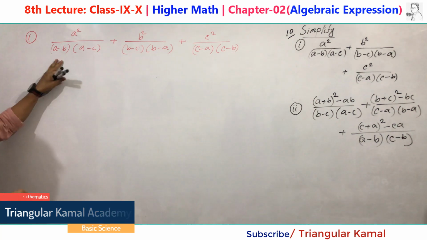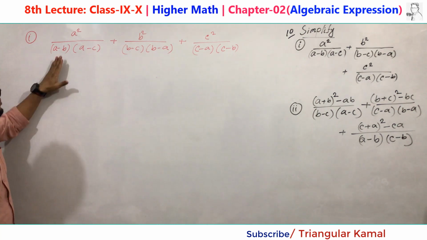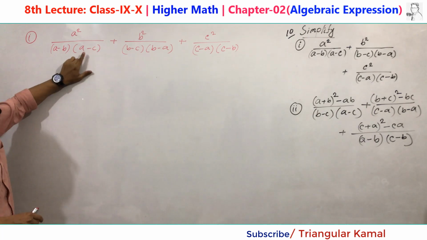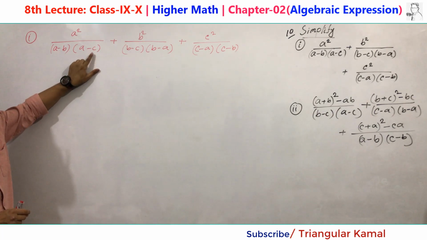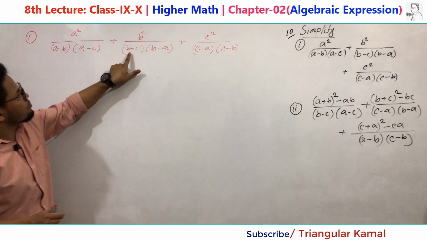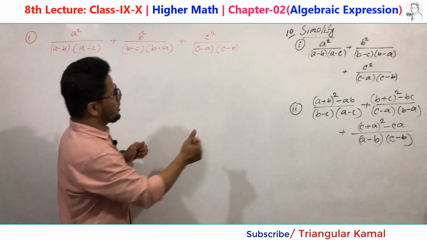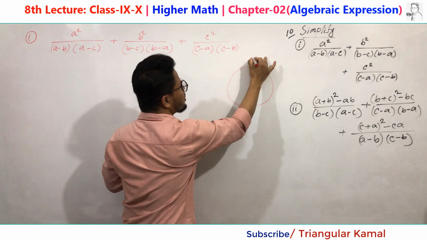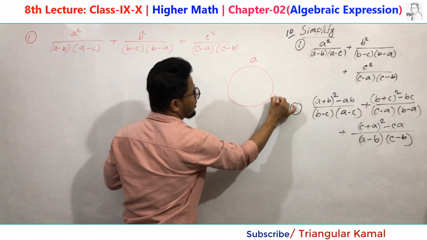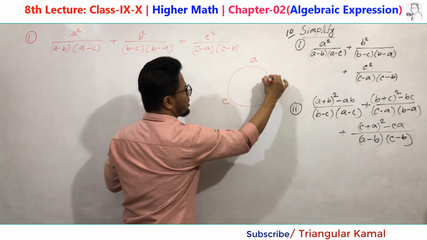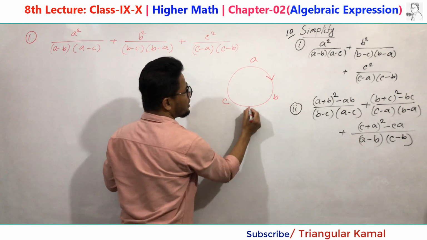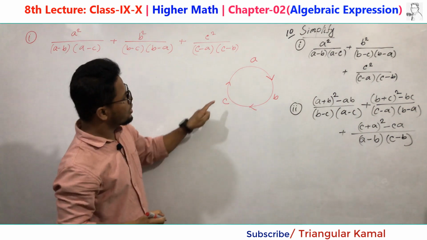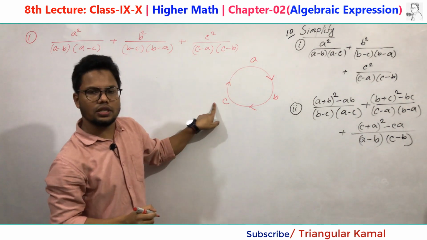Okay, first attention to the denominator of the fractions: a minus b, a minus c. Actually this is not in cyclic order. We know in cyclic order, if the first one is a, then the second one will be b, and the third one is c. So a to b, b to c, c to a, not like a to c.